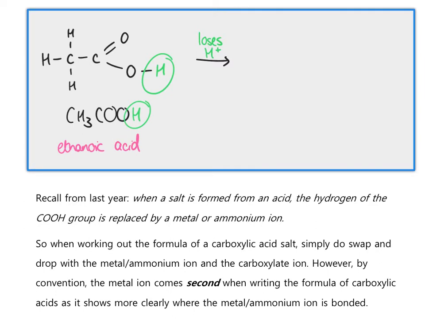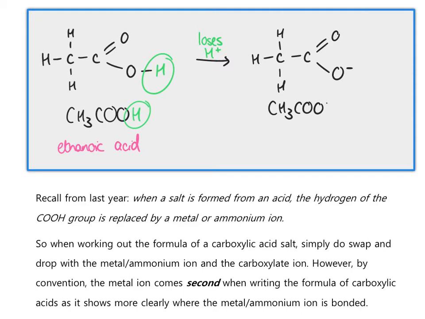So what are we then left with when it pops off? This is what we're left with structure wise, but if we've lost an H+ ion, what do you think the charge is that we're left with on the main molecule? If we've lost H+, this is going to have a minus charge, and that's what attracts the H+ ion in the normal acid molecule.